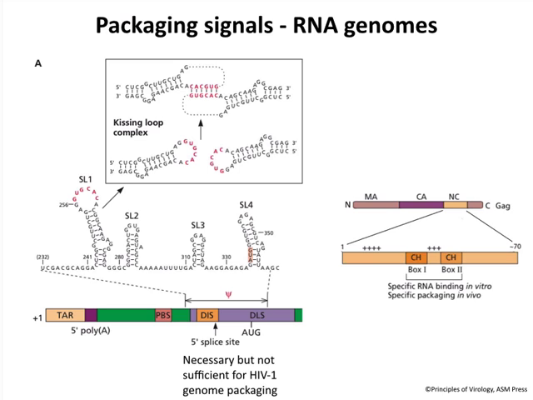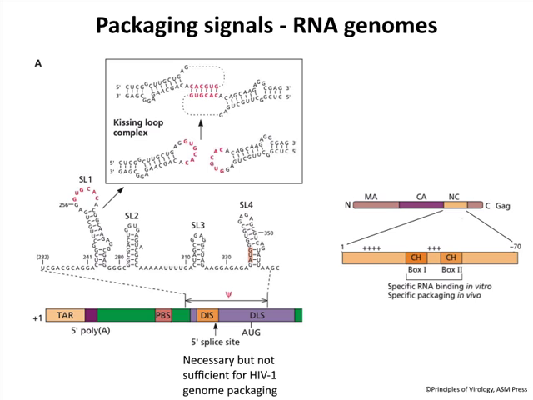And remember, in each retrovirus particle, there are two copies of the RNA genome. And this is how you get two, by base pairing in this packaging sequence between this loop sequence that's shown in red. And the formation of that kissing loop complex then allows the viral nucleocapsid protein to bind, and that will incorporate it into the growing particle.